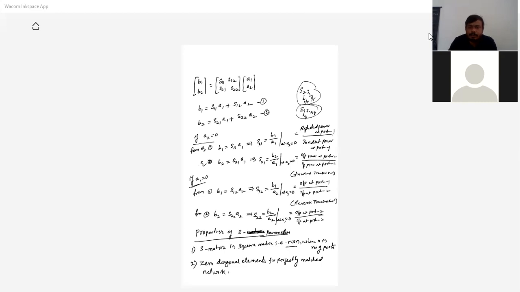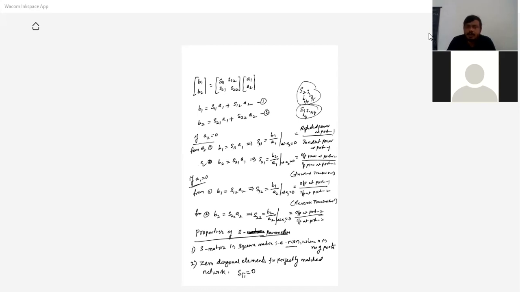A junction means, for example in a 3-port device, the 3 ports are connected. If all 3 ports are perfectly matched, we can say there is no reflection at each port, so Sii is equal to 0.